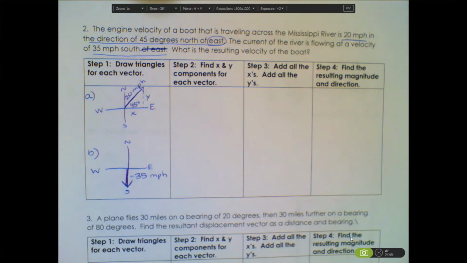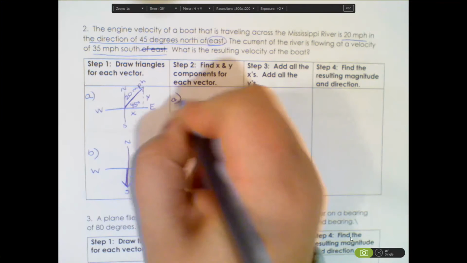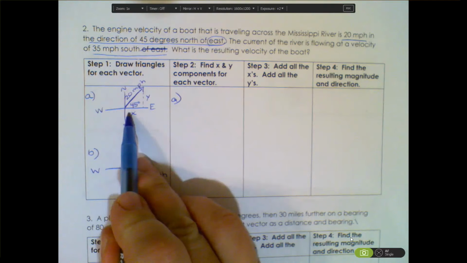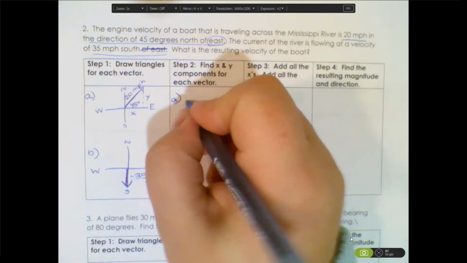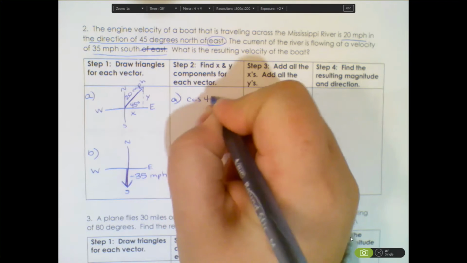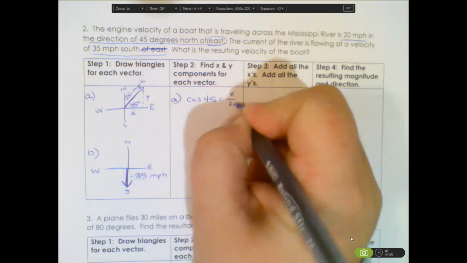Okay, step 2, I need to find the x and y components for each vector. So for A, to find x, I can take the cosine of 45 equals x over 20.